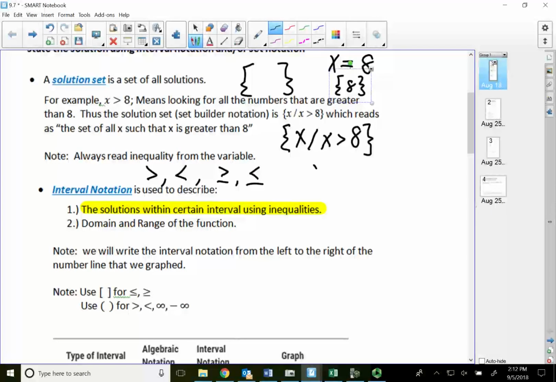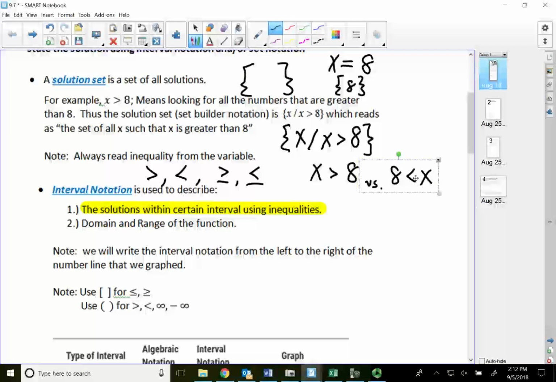For example, if I say x is greater than 8, reading from the variable, this says x is greater than 8. That means I'm looking for all the numbers that are bigger than 8. But if I write it the other way, is that the same thing? If I read from the variable, x is greater than 8, which is the same as x greater than 8. As long as you read from the variable, you can read this inequality properly.